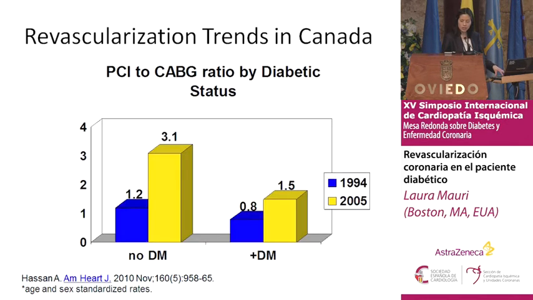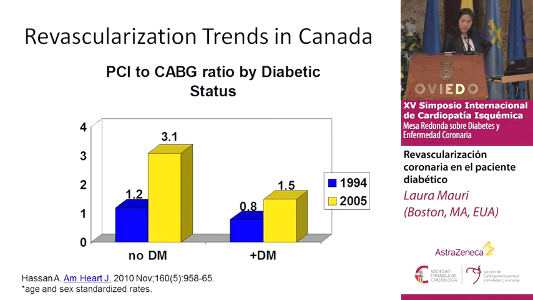But what's interesting to our discussion today is that even in the diabetic group of patients, and this is all patients in Canada, between 1994 and 2005, there was a marked increase in the likelihood of patients being referred to PCI as opposed to bypass surgery. So patients in Canada in 2005 were 1.5 times more likely to undergo PCI as compared to bypass surgery.